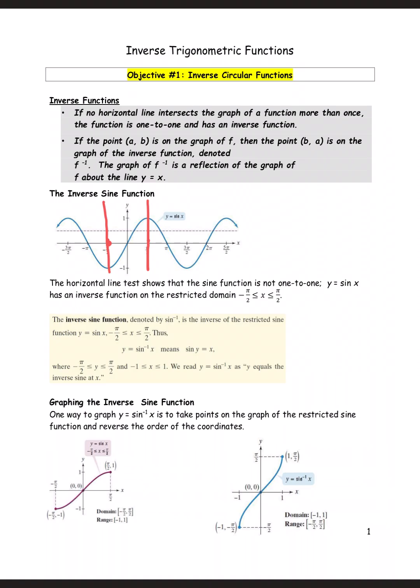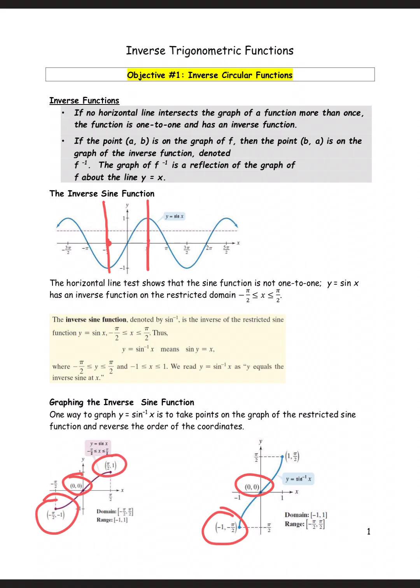Graphing the inverse sine function: one way to graph y equals the inverse sine of x is to take the points on the graph of the restricted sine function and reverse the order of the coordinates. So notice that on the sine function, I have negative pi over 2 comma -1. If I invert this point, it becomes -1 comma negative pi over 2. (0, 0): if I interchange x and y, it is still (0, 0).